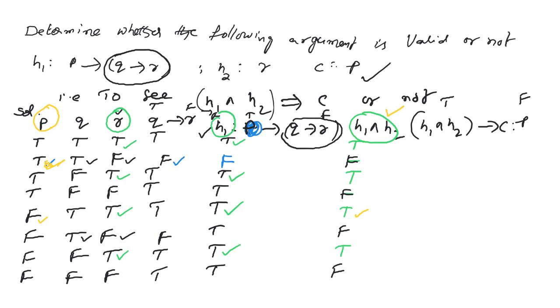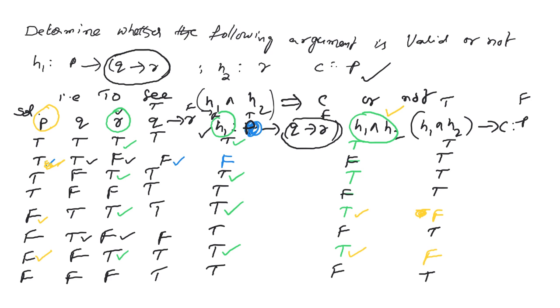In that case it should be false. Next, FF, and in the last but one row again there is an FT combination. In this case also it is false. Otherwise this will be true in all other cases.